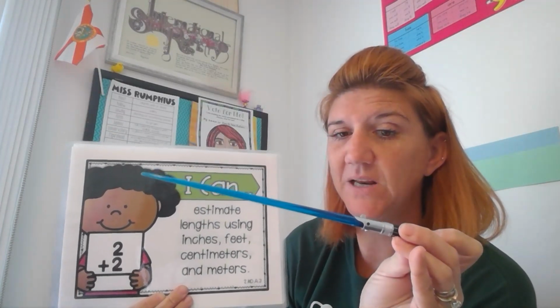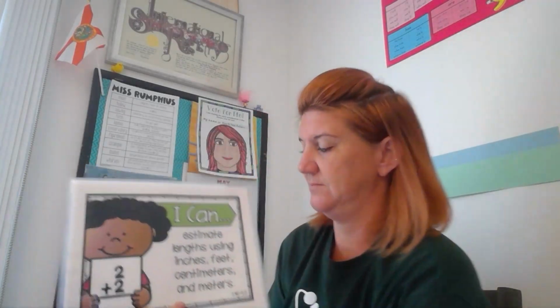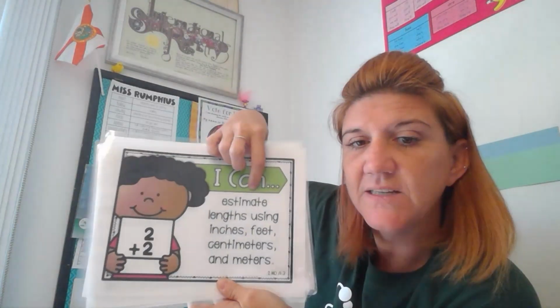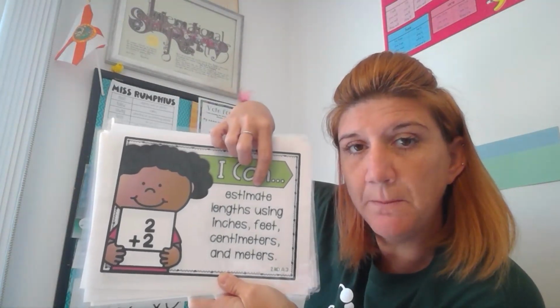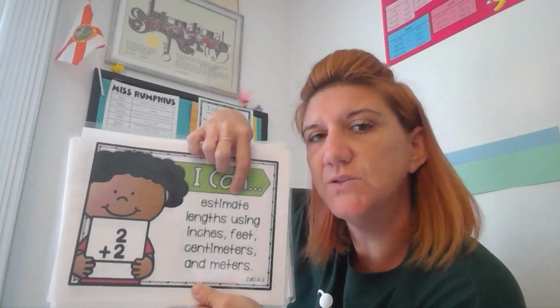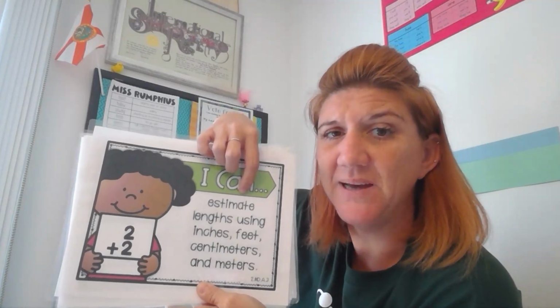How many meters is this? It says estimating. Now that does not say being able to measure to the most accurate number on the tool that you're using. It says estimating, which means making your best guess.